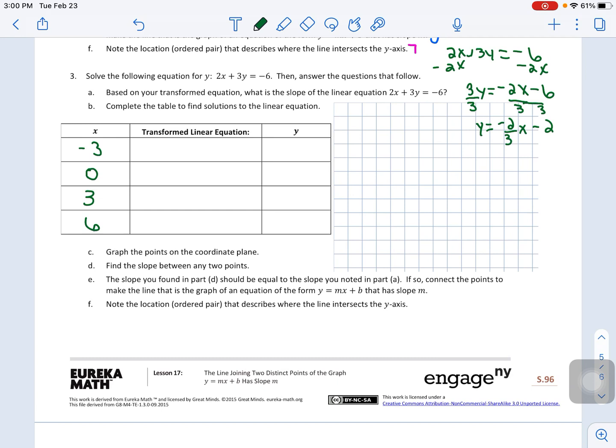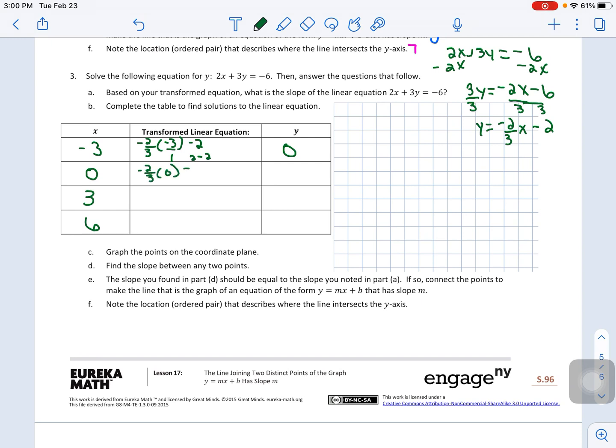Here I have the formula, -2/3 times -3, minus 2. It's like top to top, bottom to bottom. So a negative times a negative is a positive, which makes 6 over 3, which is equal to 2. And 2 take away 2 is 0.